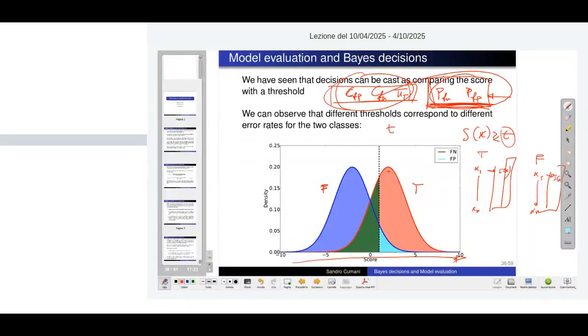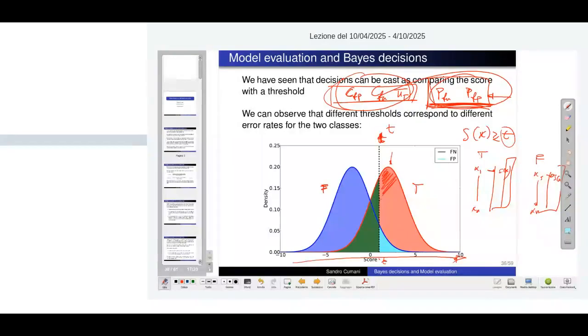Now, the red line is the histogram that corresponds to the samples of class true. The blue line is the histogram that corresponds to samples of class false. The dashed line is the threshold at which I cut my samples. So if I cut at t, what happens?